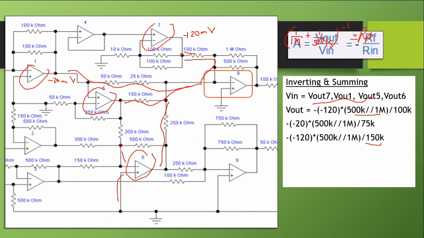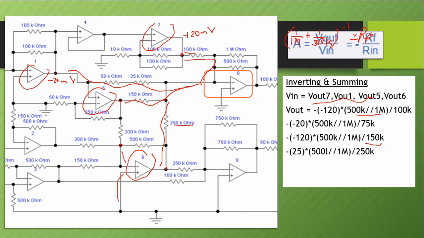Also for V6, what is V6? It is positive 25. So negative of 25, since this is an inverting amplifier, times the series resistance, which is 150k for V6.